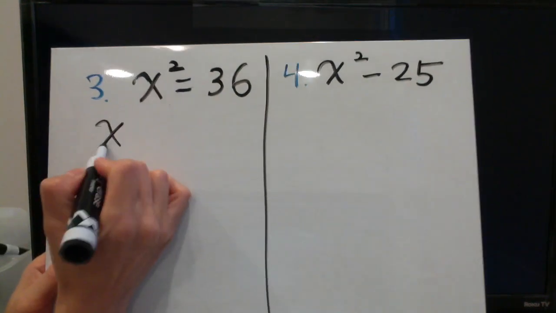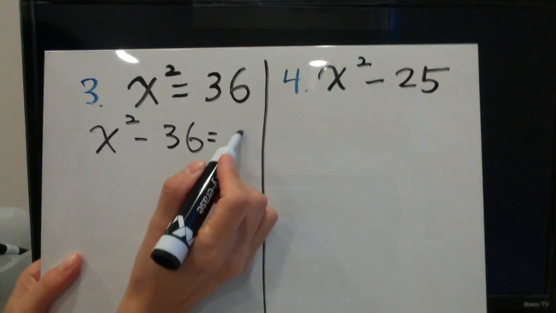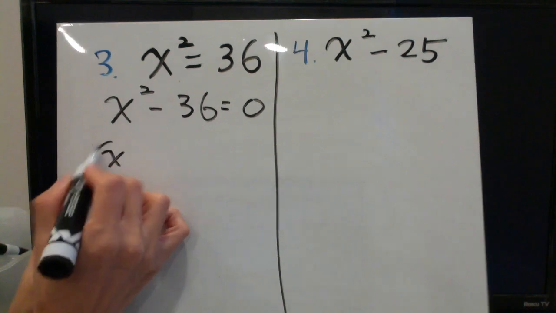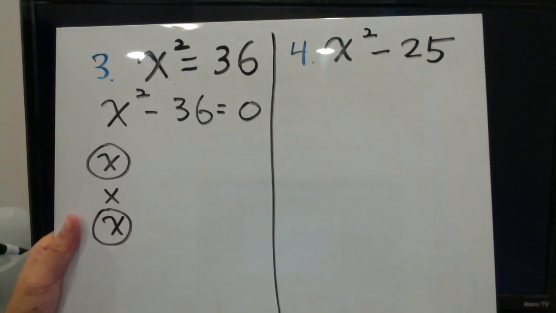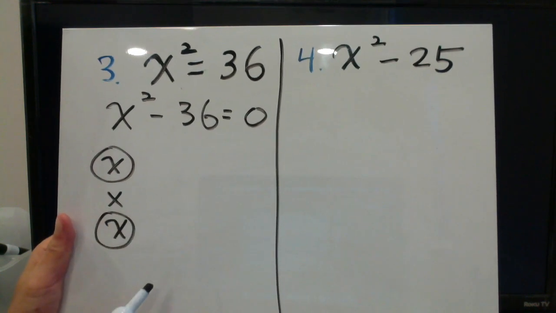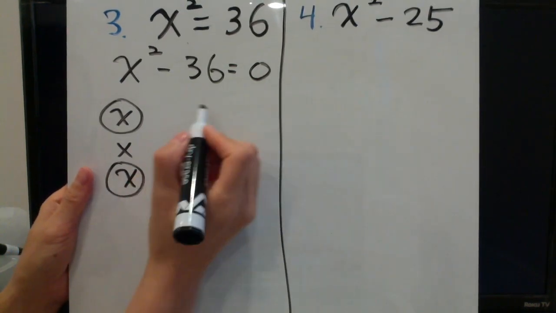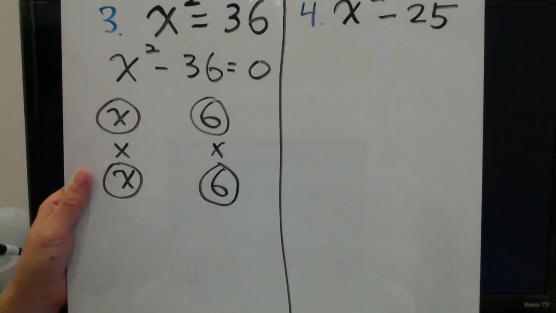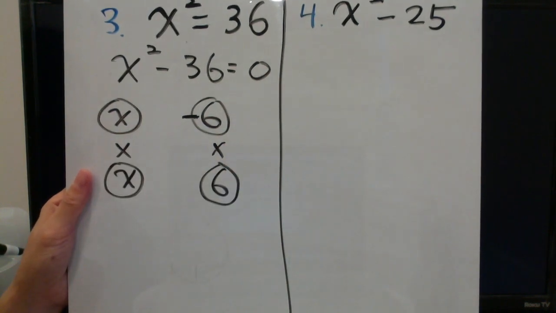So I'll find two numbers. X times x is x squared. So you can find a lot of numbers, right? But I will choose 6 times 6, and then I will do 1 negative here.